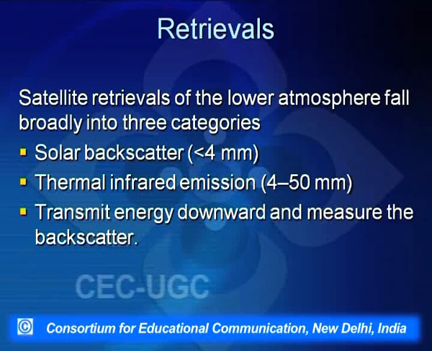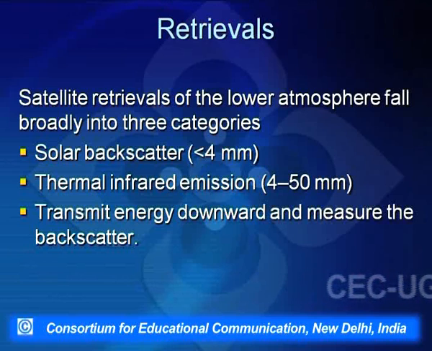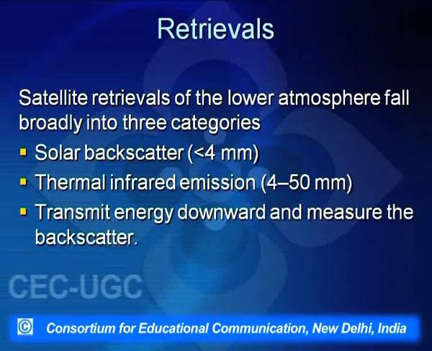The second is thermal infrared emission, between 4 to 50 micrometer. This is basically the electromagnetic radiation which is emitted by the earth after absorbing the solar energy throughout the day. And the third one is the energy itself emitted by the satellites and then retrieved, and with the help of that the information is gathered.